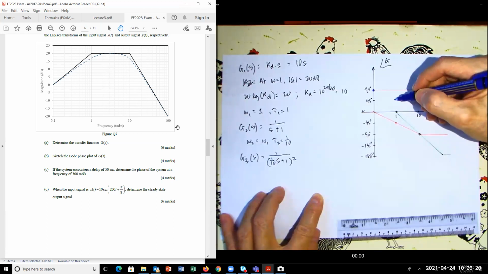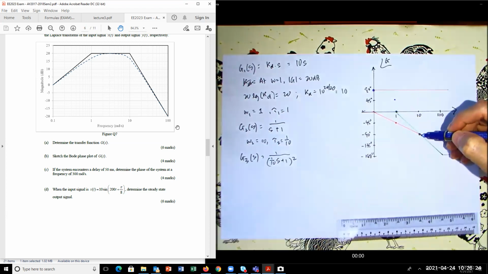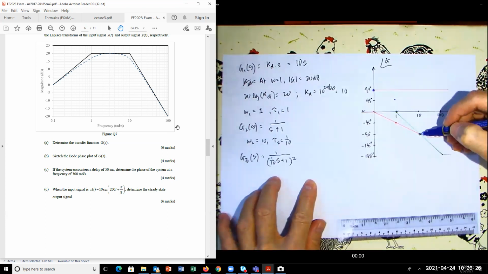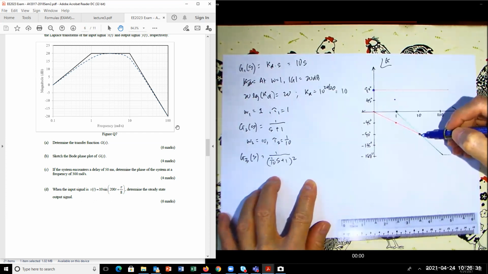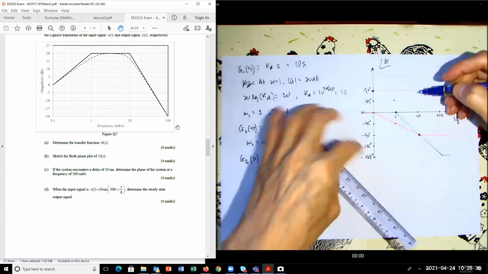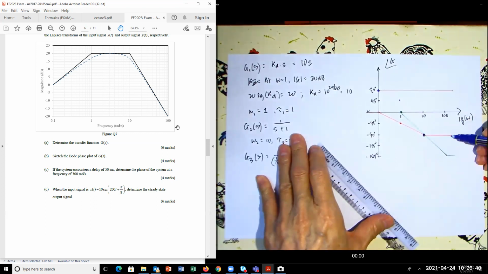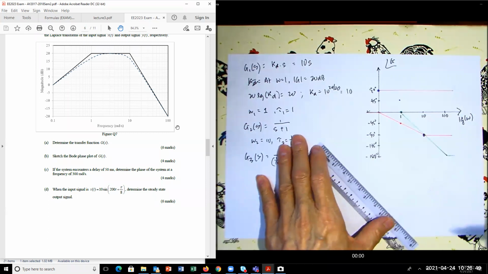All right, then at 10, 90 minus 180, because you got the green one at minus 90 and the red one at this point at 10 also minus 90, so it will come down to this point here. Then here again you got minus 90 minus 180 is minus 270, plus 90 will be minus 180.